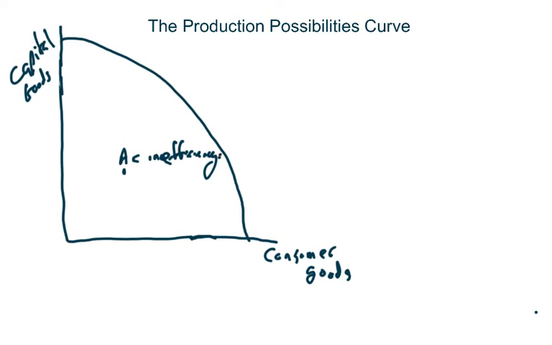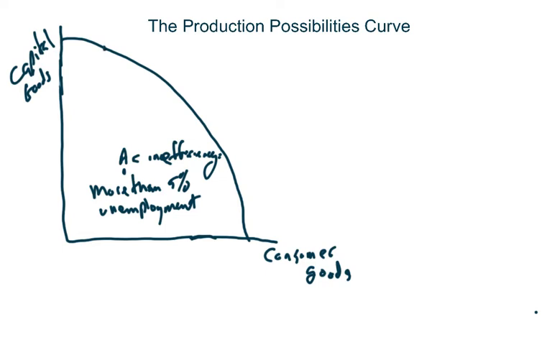Inefficiency means more than 5% unemployment. That means we would be in a recession. Anywhere inside of the curve, we're in a recession. We have more than 5% unemployment, which means we're not using all of our resources, so we are being very wasteful.